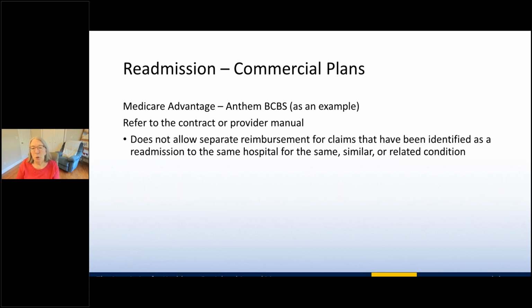I'm just going to give you one example, Anthem Blue Cross and Blue Shield. I wanted to save plenty of time and room for case studies, because I know you like to see actual appeal letters where appeals have been successful. So I picked one commercial plan to introduce you to what you may see.